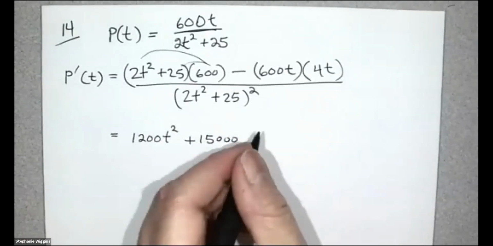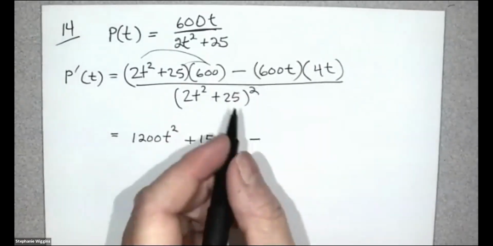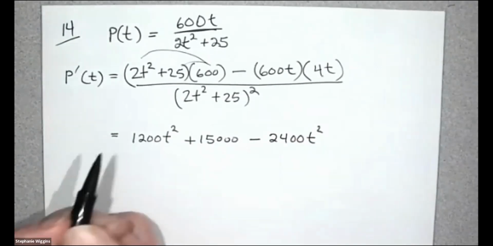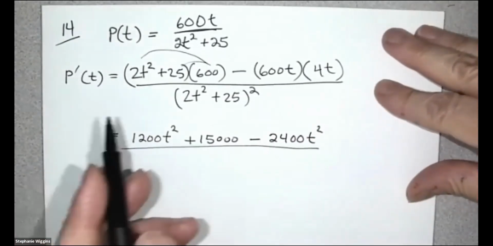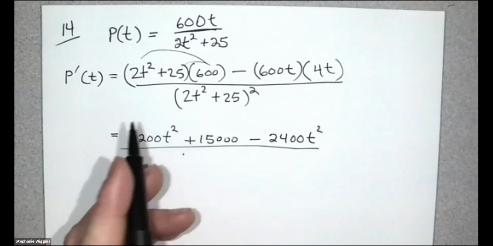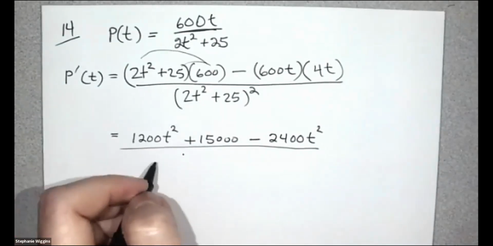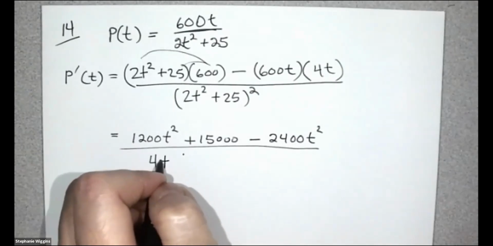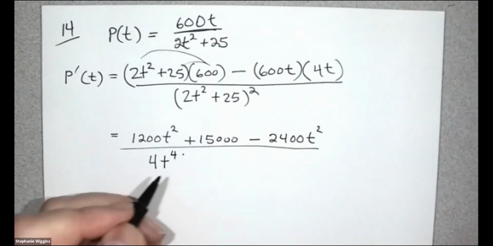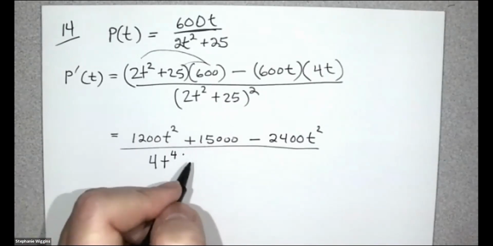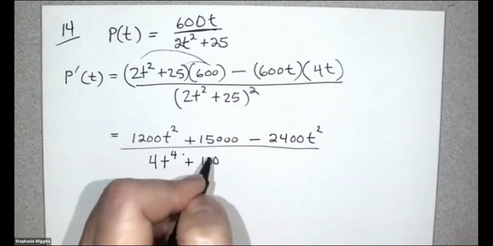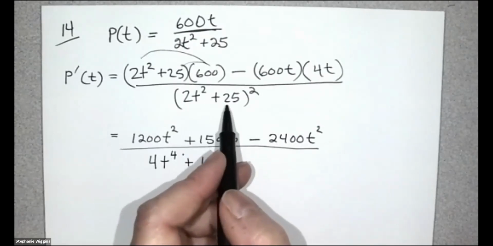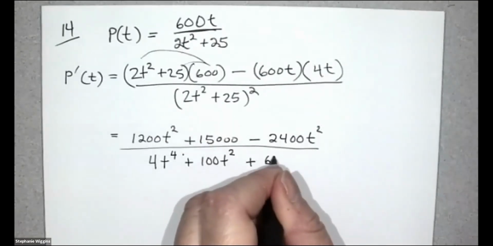Then you're going to subtract 6 times 4 is 24, so that's 2400 t squared, all divided by, if you square this out, you would get 4t to the 4th, and then plus 100 t squared, I'm just foiling here, and then plus 625.